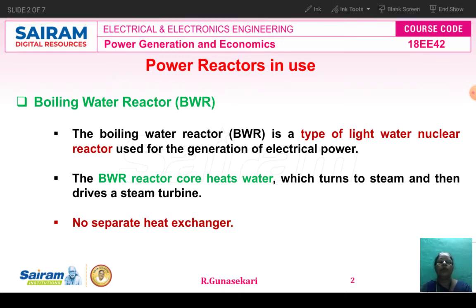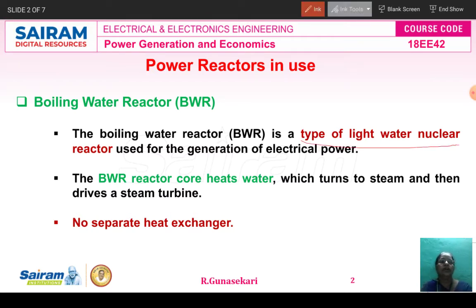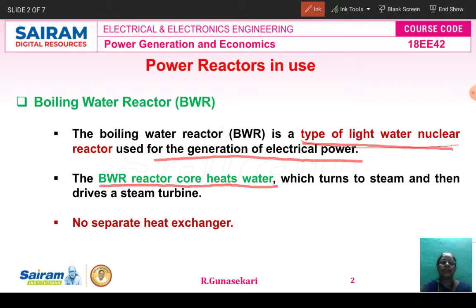The boiling water reactor is a type of light water nuclear reactor which is used for the generation of electrical power. The boiling water reactor core heats the water, which is converted into steam, and then this steam is used to drive the steam turbine.